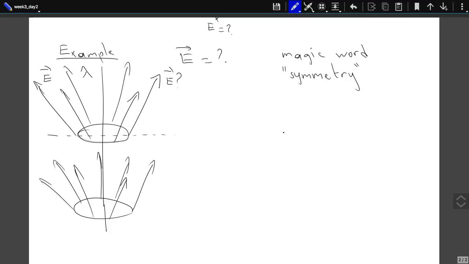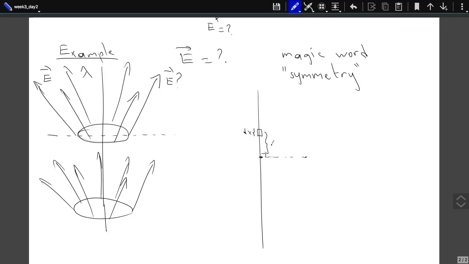Let me give you one more question then. I have this point. I'm interested in the electric field over here. Okay, we always chose the symmetrical cases. Let me choose one area over here of length dx and some other area over here.